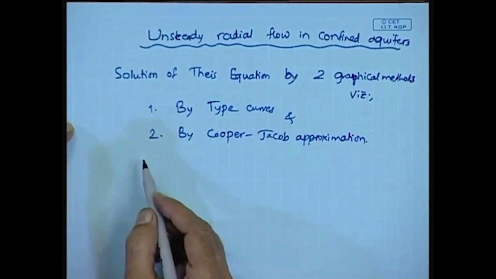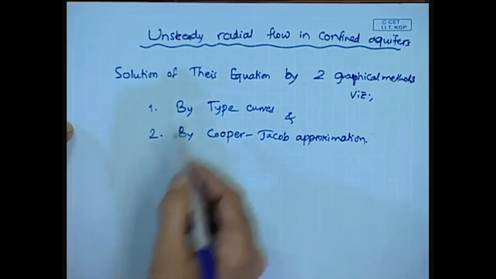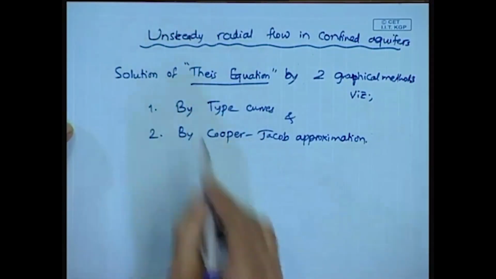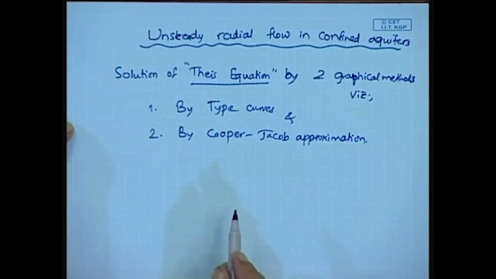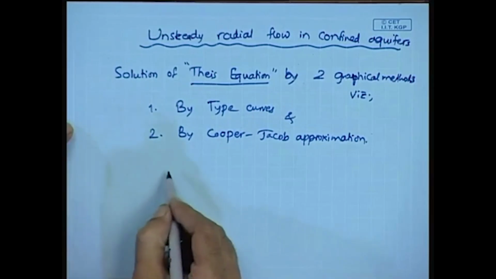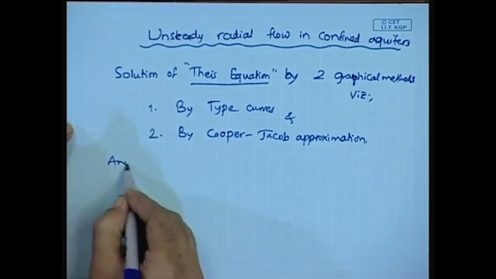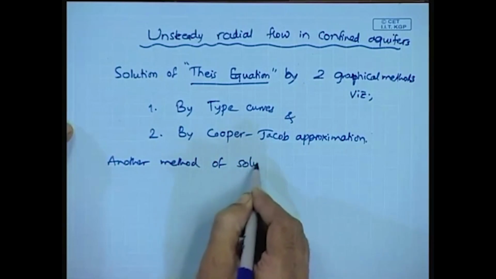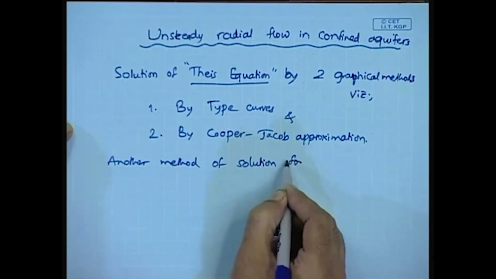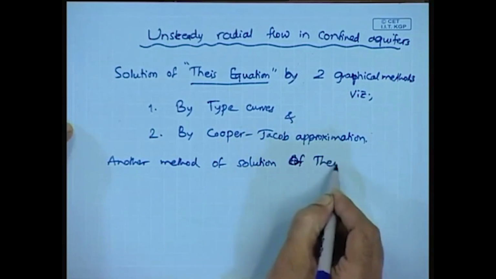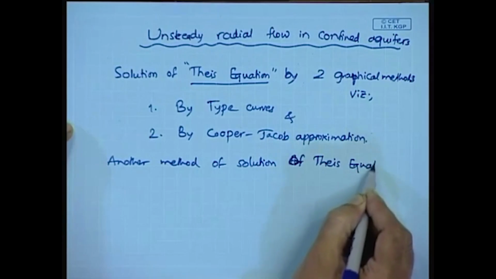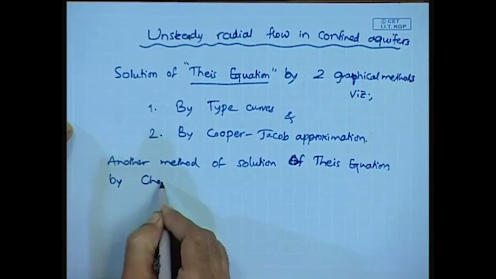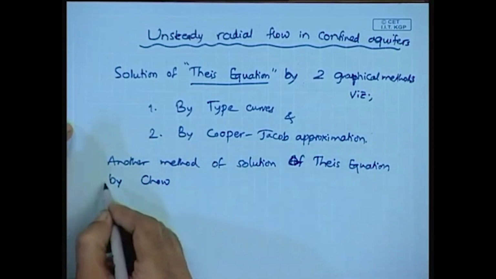And in this lecture we will discuss another method for the solution of Theis's equation, which is used in the unsteady radial flow in confined aquifers, developed by Chow.